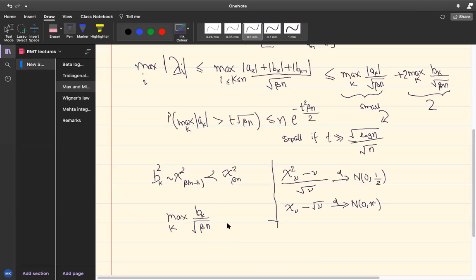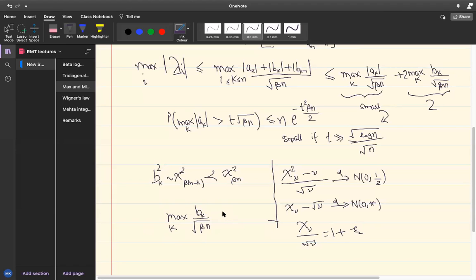If all of them had square root beta n as the parameter, then chi nu over square root nu would look like 1 plus xi, where xi is a normal random variable. So when you look at the maximum of that, you would get 1 plus something like square root log n over square root n. Actually, it's better because the bk's have decreasing parameters.